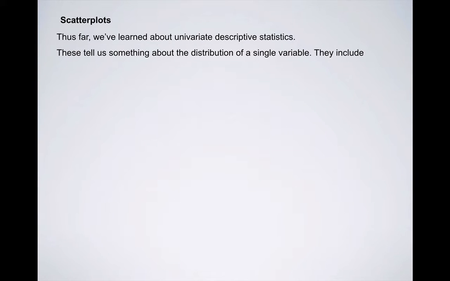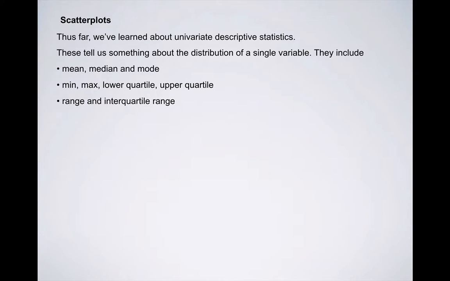This tells us something about the distribution of a single variable, and it includes mean, median, and mode, which measure the central tendency of the data; and minimum, maximum, lower quartile, and upper quartile, the range, and also the interquartile range of the data. This all tells us something about the spread of the data. And remember that we also include variance and standard deviation when we talk about spread of data.